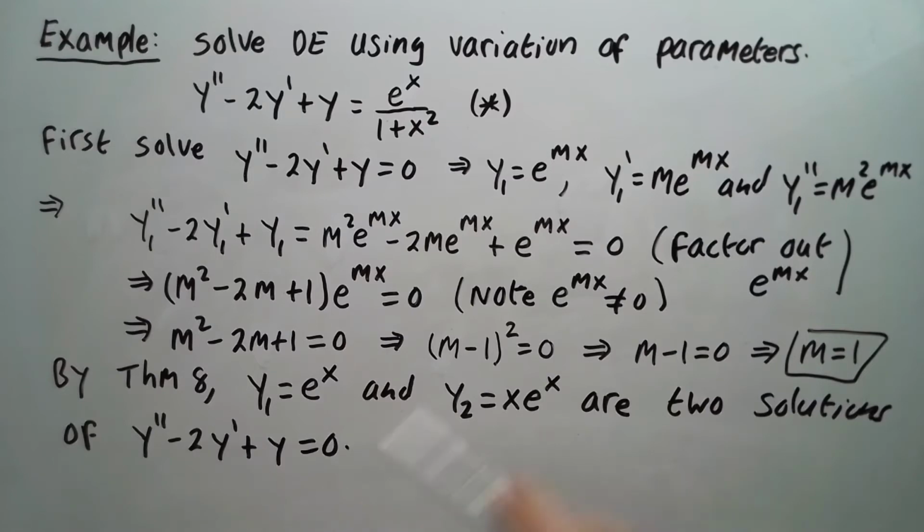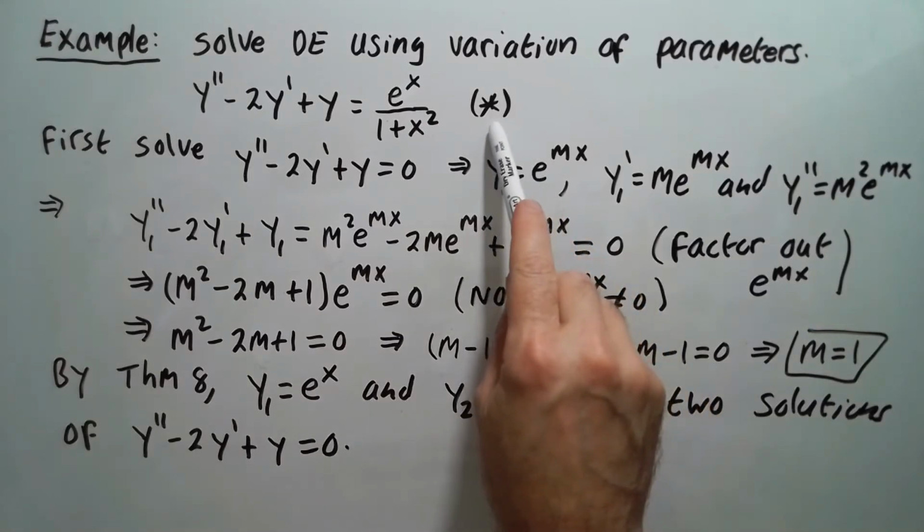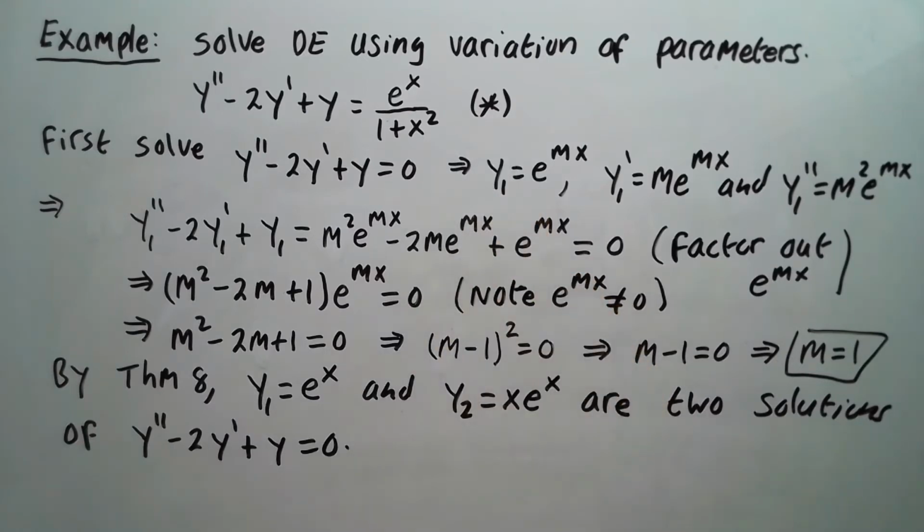Now we want to find the general solution of the star differential equation up here, and we're going to be using variation of parameters, or theorem 12. So let me write down theorem 12 here.